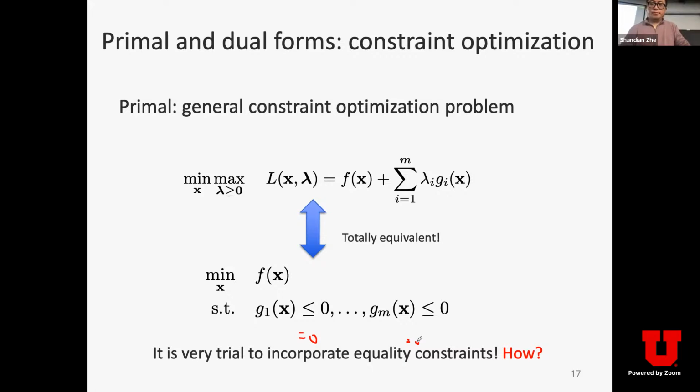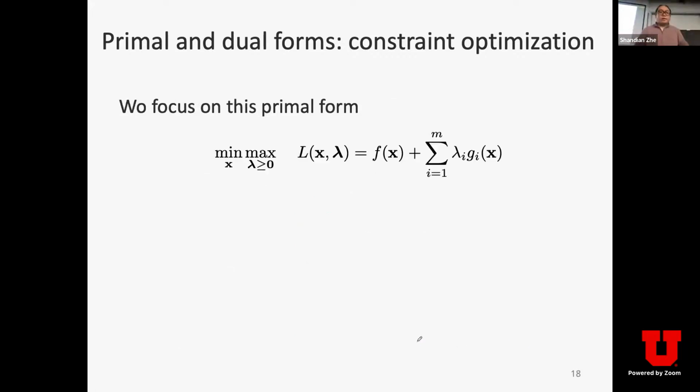So after some conversion, we got our minimax reformulation of the objective function. We call it the primal form. The primal form is doing inner maximization over the Lagrange function with respect to non-negative multipliers lambda, and at the outer level, we do the minimization of the Lagrange function with respect to x.